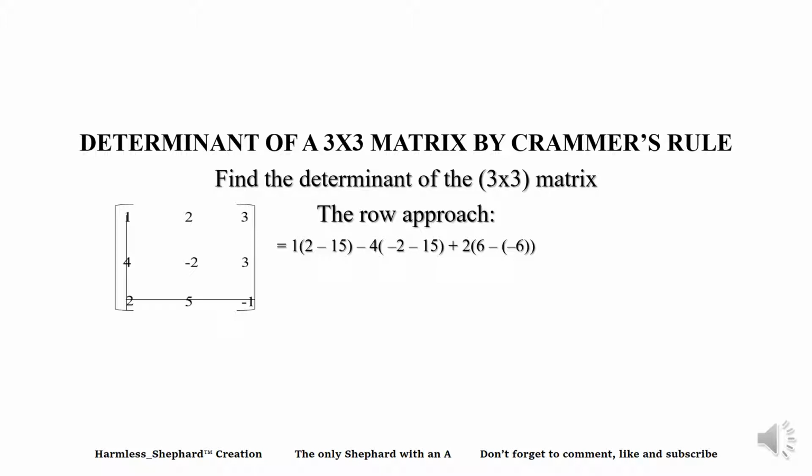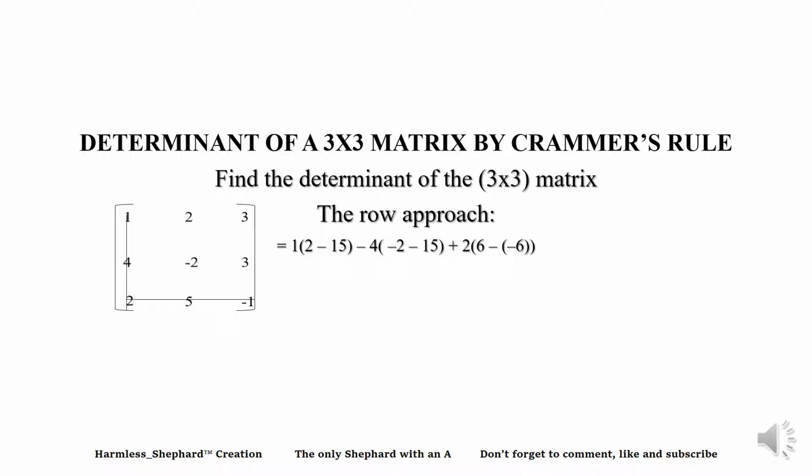Now in these elements that are not affected, column 1 is 2 and -2. Column 2 is 3 and 3.